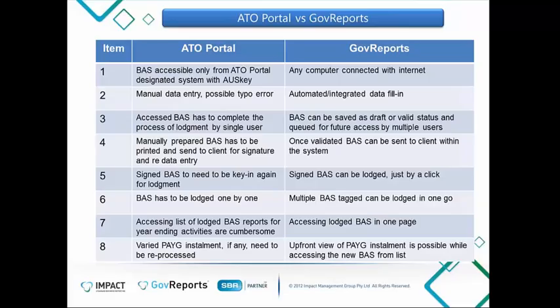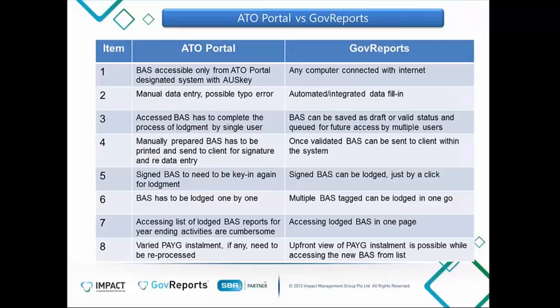Not only that, if you have more than one person in your practice, you can assign different people to prepare and draft the activity statements, someone else to chase the clients for signature, and perhaps you will be the person lodging the reports. So it can definitely make your workflow a lot better, depending on how you run your practice.